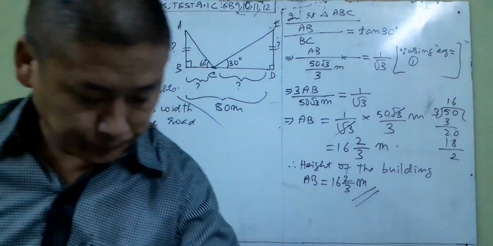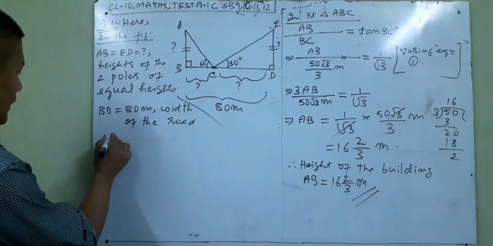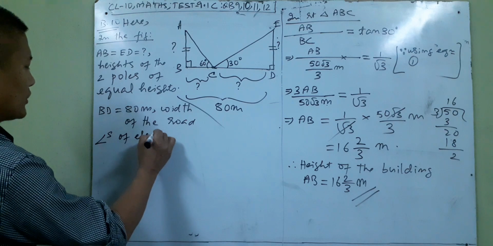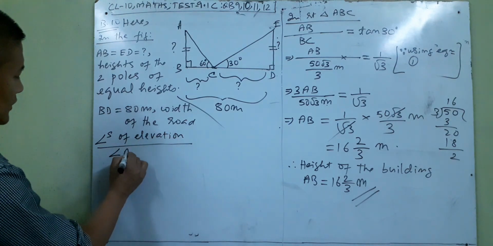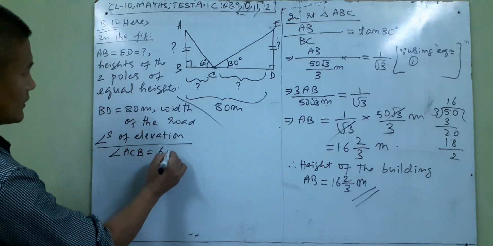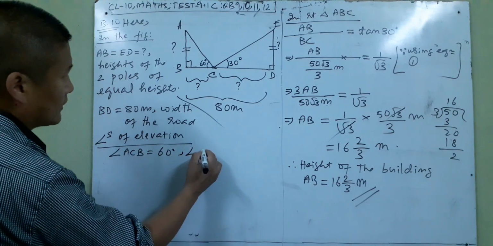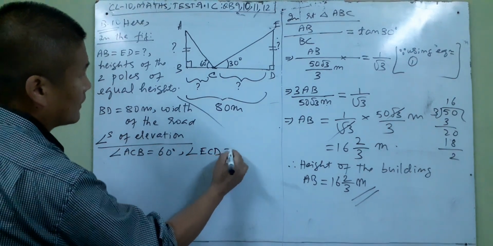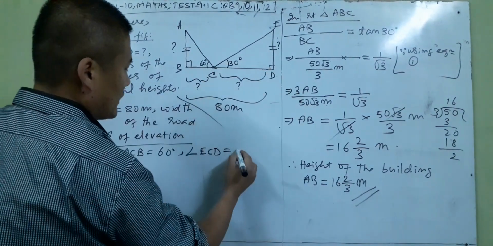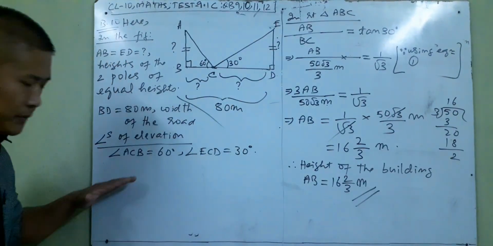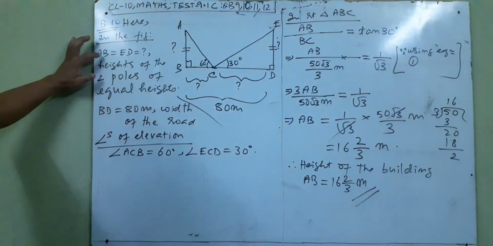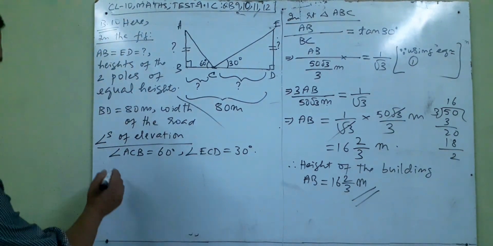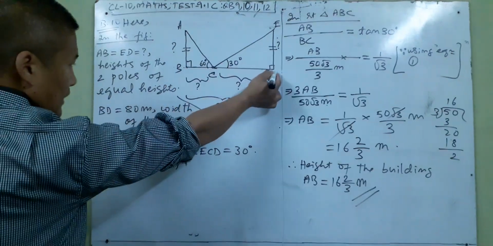And next here, the angles of elevation. Angles of elevation as he stands at the point C between the road. First, you look at the first pole, angle ACB equal to 60 degrees, and then angle ECD. You look at the other one, and it is 30 degrees. This information is given. With this, we have to find out these values, AB, ED, and then the distance of C from B and D, the two poles.